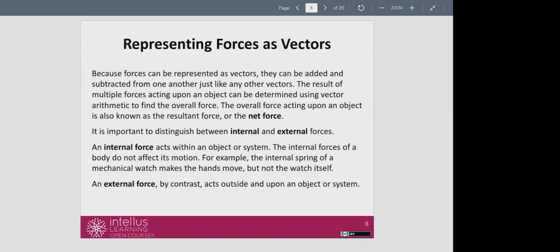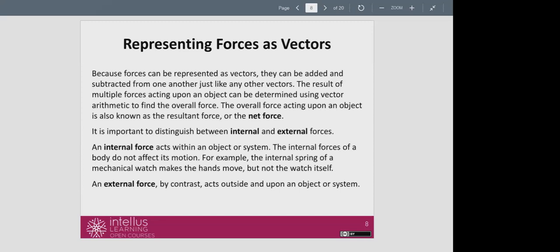So because we can represent forces as vectors, we can add or subtract them just like we do any other vector. Okay. So when you add up multiple forces, what you get is a resultant force. So you can add and subtract forces. If the forces are pointing in the same direction, you add them together.